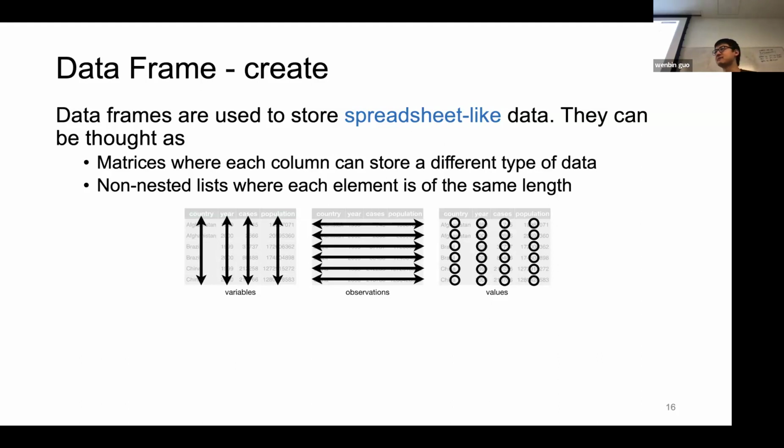When you collect samples or you have a record about a patient, we are always opening up an Excel sheet, so it's two-dimensional, spreadsheet-like data. You can consider the data frame as a matrix, because a matrix is also two-dimensional, right?